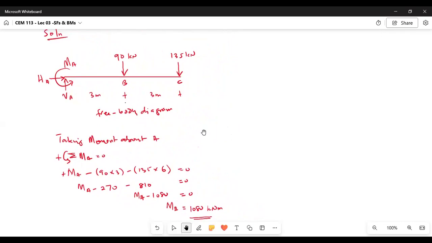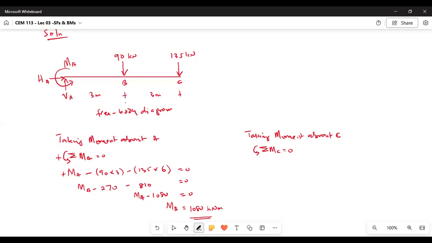Now, after we have done that, what do we do? We take moment at the free end. So taking moment about the free end, which is C, right? So sum of moment about C is equal to 0.